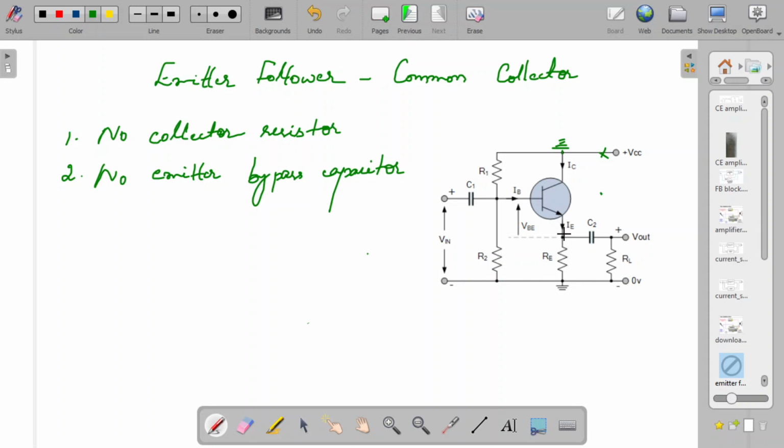So the emitter is the output terminal, and the base is the input terminal. Then you can see that this is grounded, so this comes as a common point between the input side and the output side. So since the input signal is given at the base and the output is taken from the emitter, the common terminal for both input and output is the collector. That is why it is called a common collector configuration.